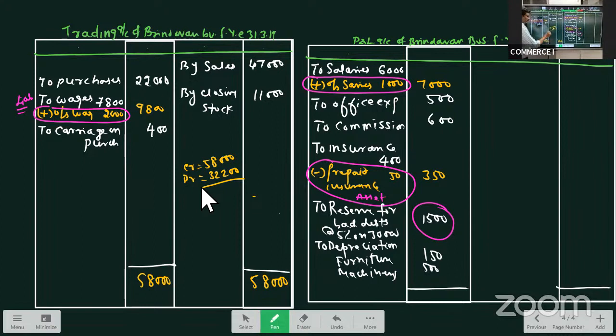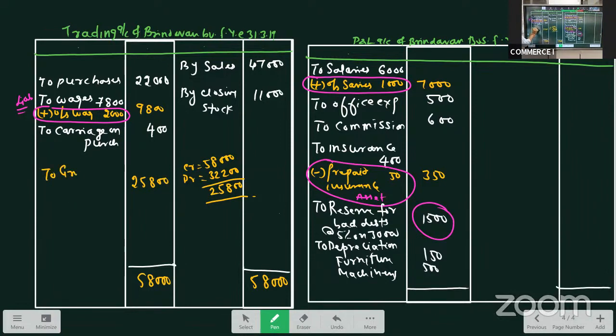So what is the difference? 25,800 is the gross profit. Gross profit is how much? 25,800. Where will we show it?